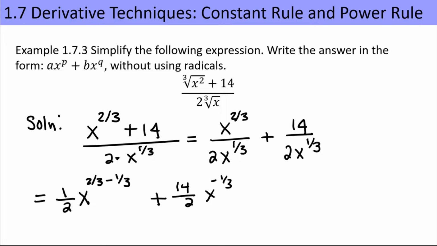One more round of simplifying, and we will get 1/2 x to the 2/3 minus 1/3, which is 1/3, plus 14 halves would be 7. Then we still have x to the minus 1/3, and we're done.